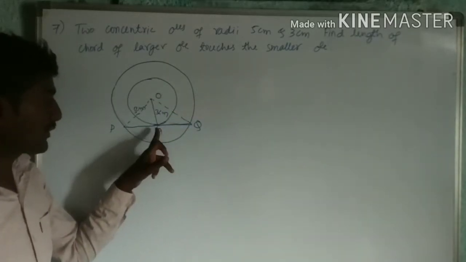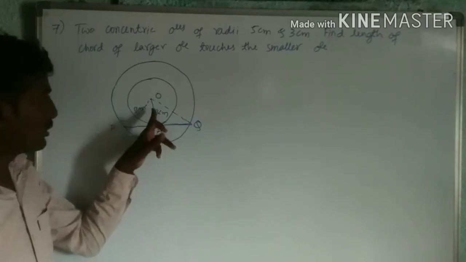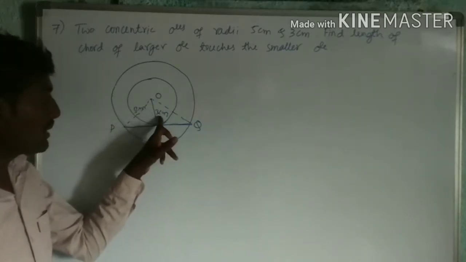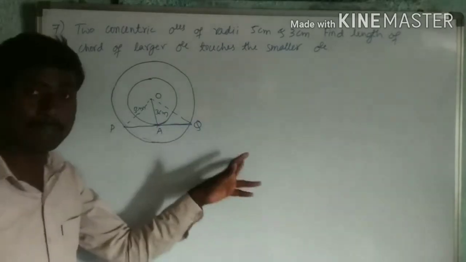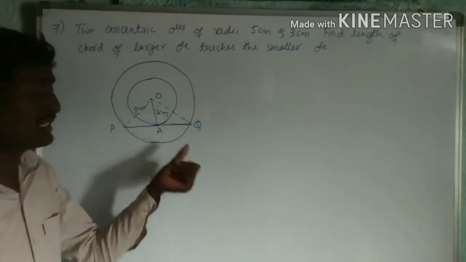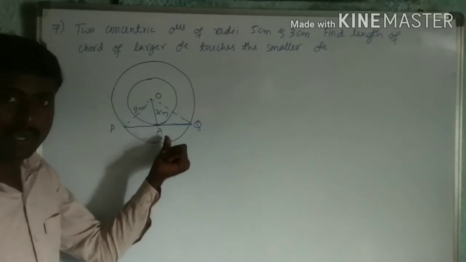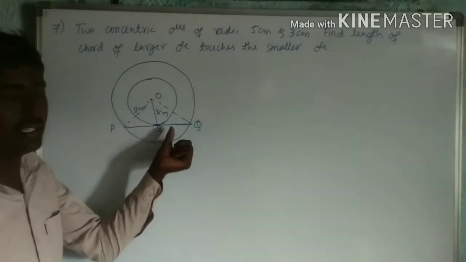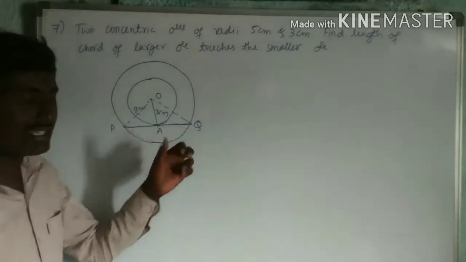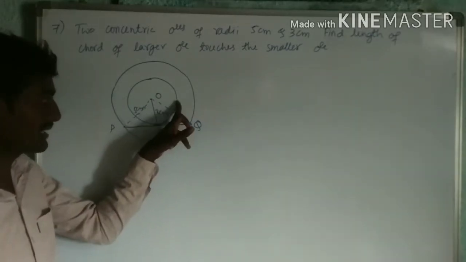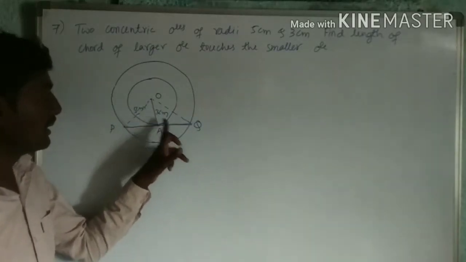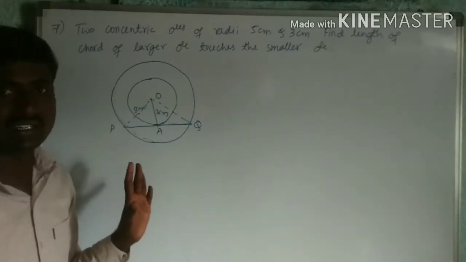Now the point of contact is A. So from the center I draw a line OA. Then OA must be perpendicular to PQ because PQ is a tangent to the smaller circle and point A is the point of contact. OA is the radius of the smaller circle, PQ is the tangent of the smaller circle. Therefore these two are perpendicular to each other.